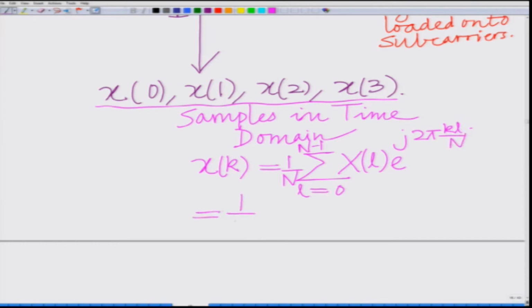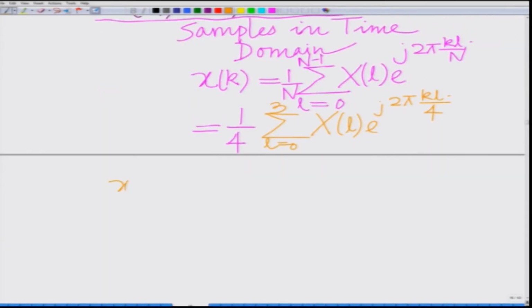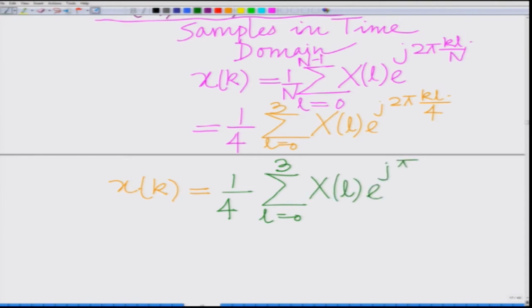Now, substituting n equal to 4, I have l equal to 0 to 3, so your sample xk equals 1 over 4 summation l equal to 0 to 3 Xl e power j pi by 2 k l.